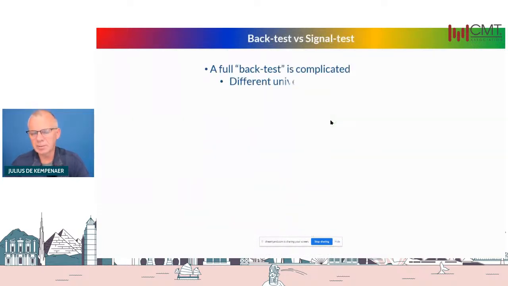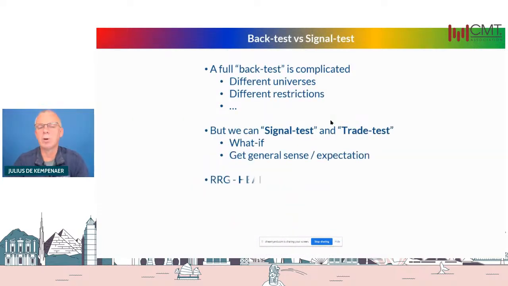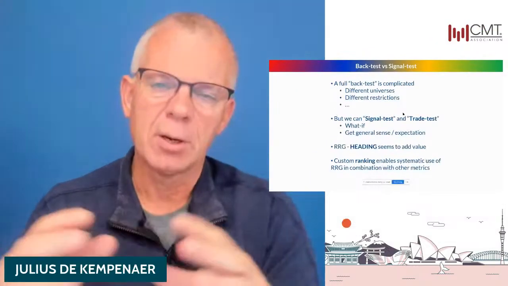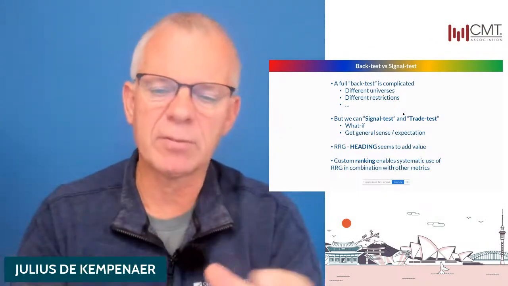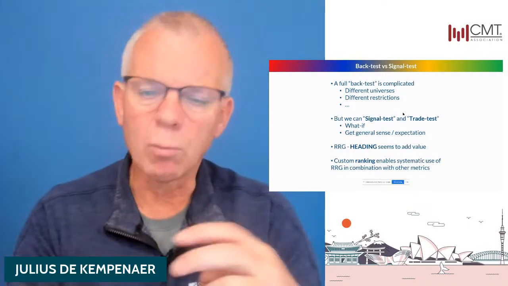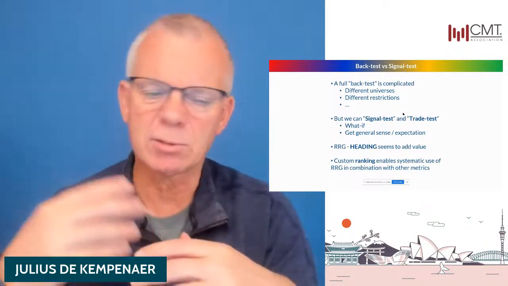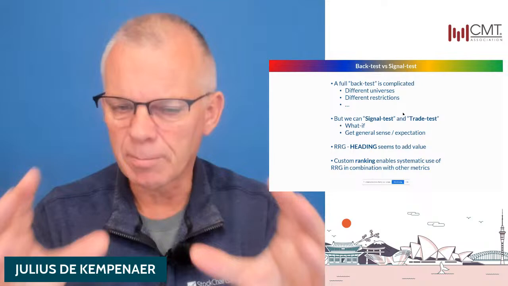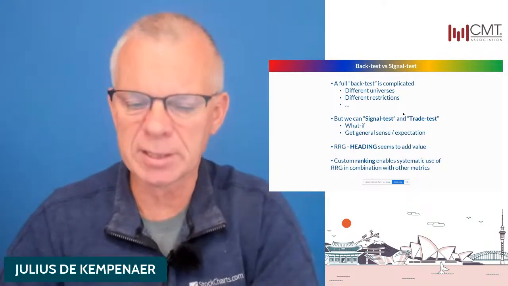As I said, a lot of people are asking what are your backtest results, what are the trading rules. That's very difficult because there's a ton of different investors, there's different universes, there's different restrictions. So there's not one single rule set. But with these derived indicators and the work that we've done, we can actually signal test and trade test and generate what-if scenarios and get a general sense or a general expectation of how these tails move based on the numbers of the derived indicators.